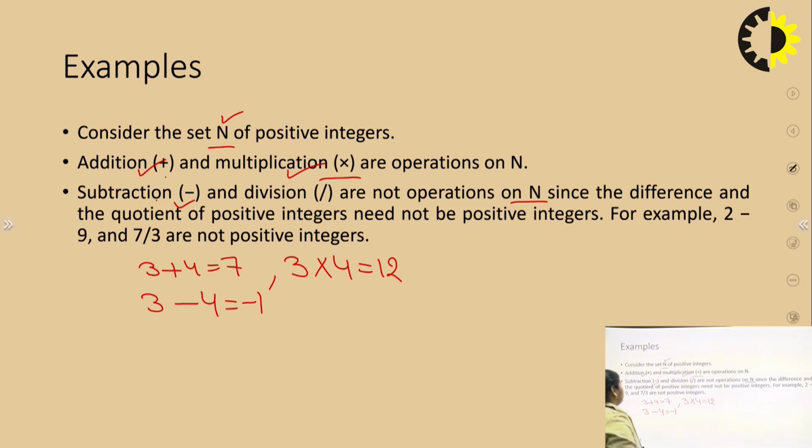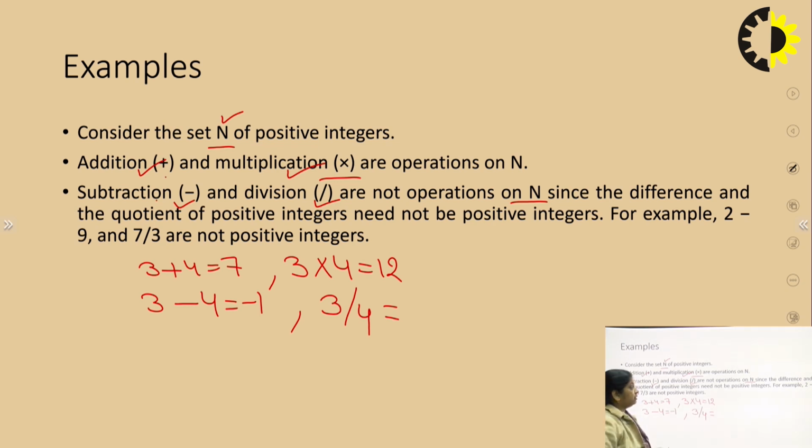Again, if I take division, 3 by 4, it will give us a value with a fractional part. It is not a positive integer. So subtraction and division are both not operations. These are the examples.